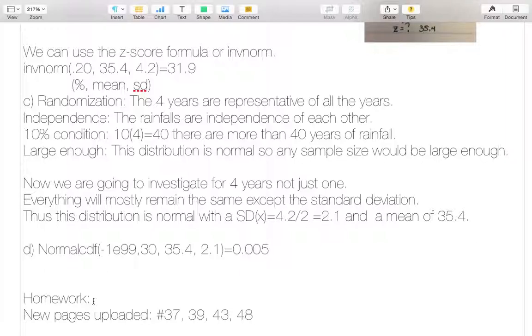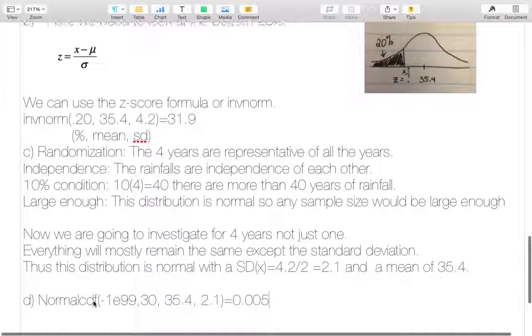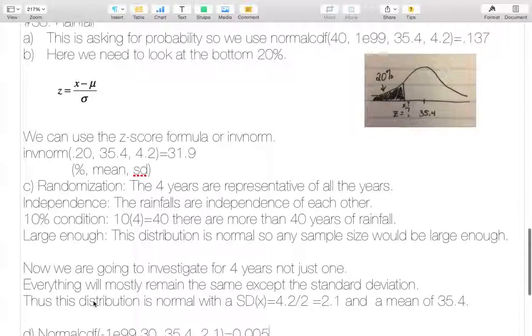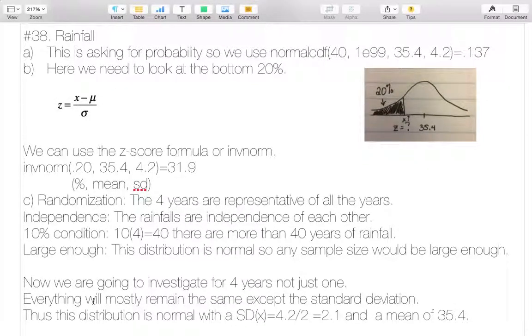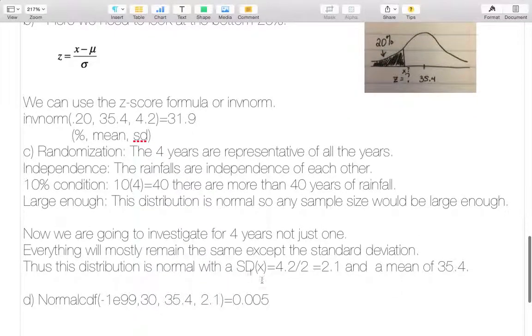My goal is that you are able to do a problem like number 38. That's the ultimate goal for this particular chapter. We didn't specifically talk about the central limit theorem, but it's really coming into play when you talk about the mean being the same, the standard deviation shrinking, and it's normal. So keep that in mind.